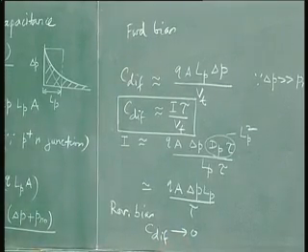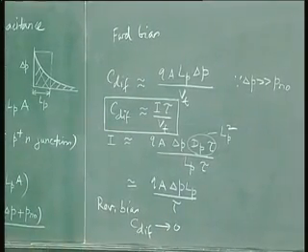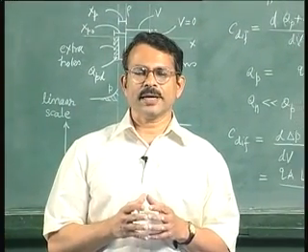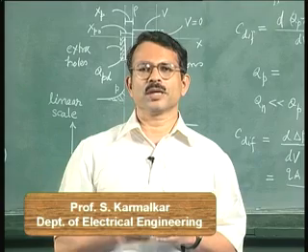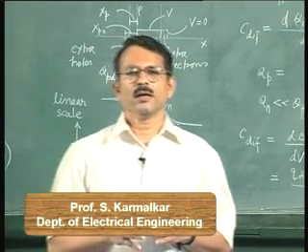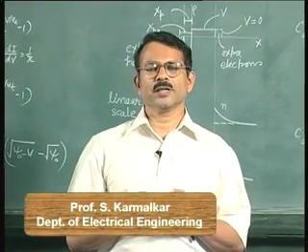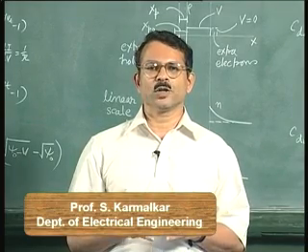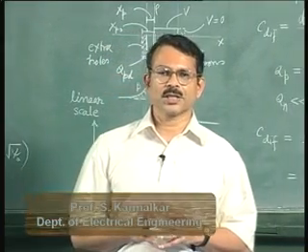Now this will happen for reverse bias voltages more than 3 times Vt. For reverse bias voltages less than 3 times Vt, there will be some small diffusion capacitance, but generally we operate in reverse bias voltages more than 3 times Vt, therefore diffusion capacitance is taken to be negligible under these conditions.